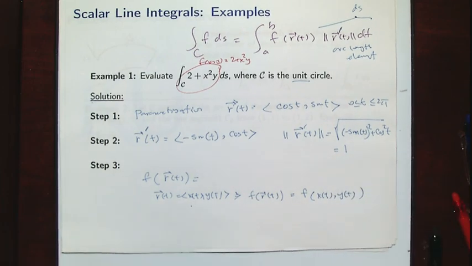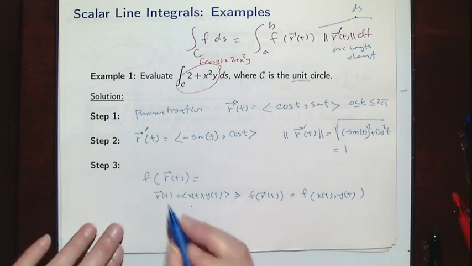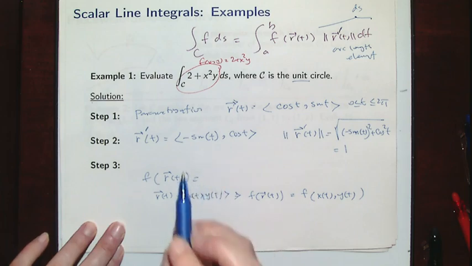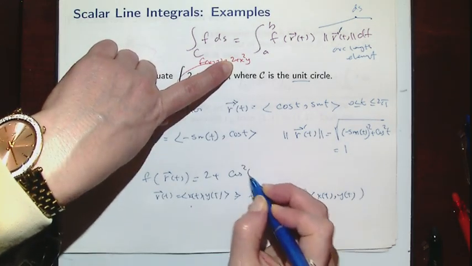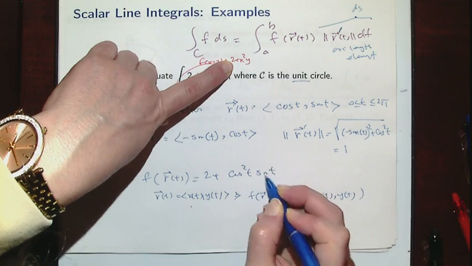So I plug in the parameterization of x for x, and the parameterization of y for y. So f of R of t is going to be, what was f? 2 plus cosine squared t, sine of t.